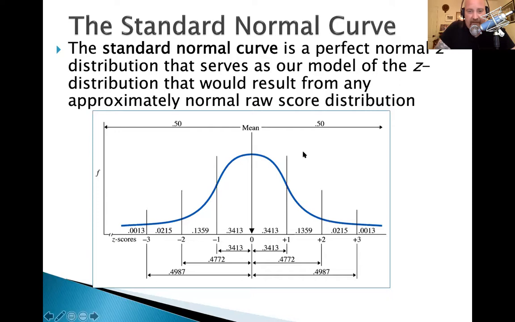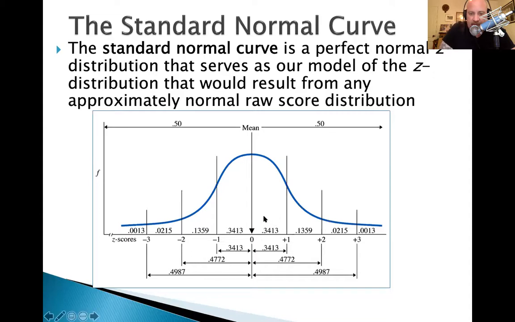If we look at the numbers going from just 0 to +1 on the x-axis down here, you get a 0.3413. So that means proportionally, if this whole curve adds up to 100% of the scores, in just this little sliver right here, we get 0.3413 of the scores, or roughly 34% of the scores fall within this range.